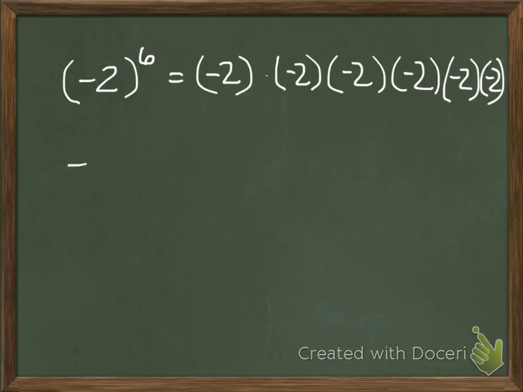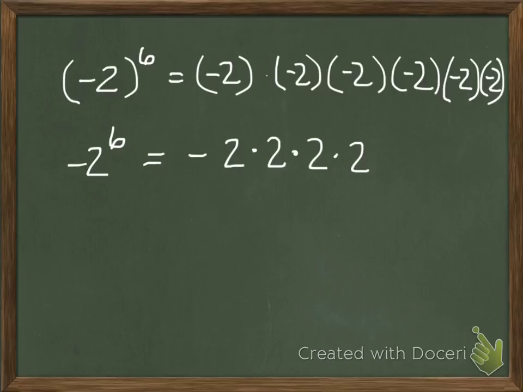If I say, okay, -2 to the 6th power, what is this expression telling us to do? Well, just like in the last example where 9/7 was the base, in this example, it's saying to take the opposite and use 2 as a factor 6 times. 1, 2, 3, 4, 5, 6.